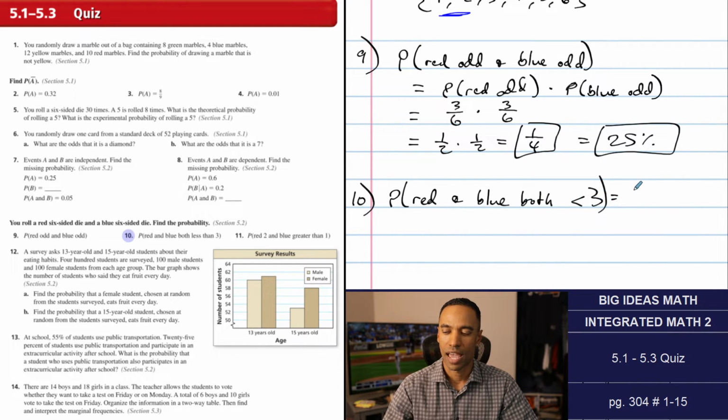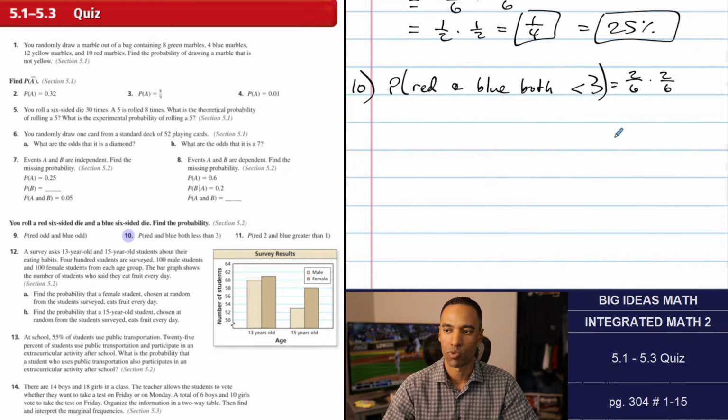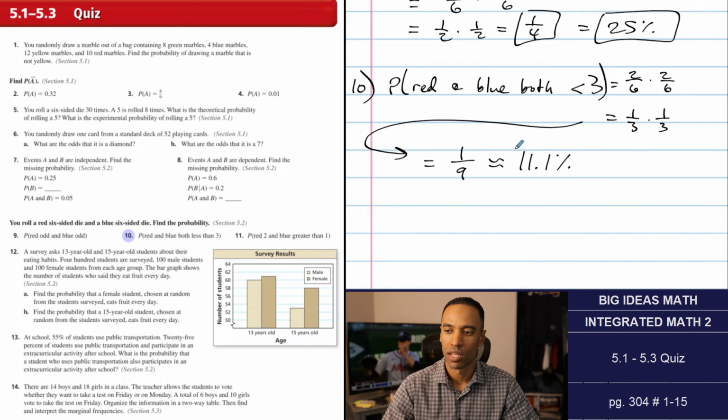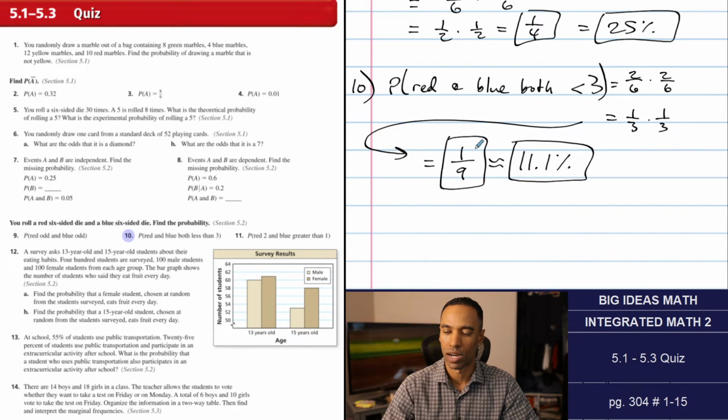So that is going to be 2/6 times 2/6, or 1/3 times 1/3, which is 1/9. Sorry for the scattered writing. 1/9, which is about, percentage-wise, 11.1%, because it's 0.1 repeating. So 11.1%, or 1/9.